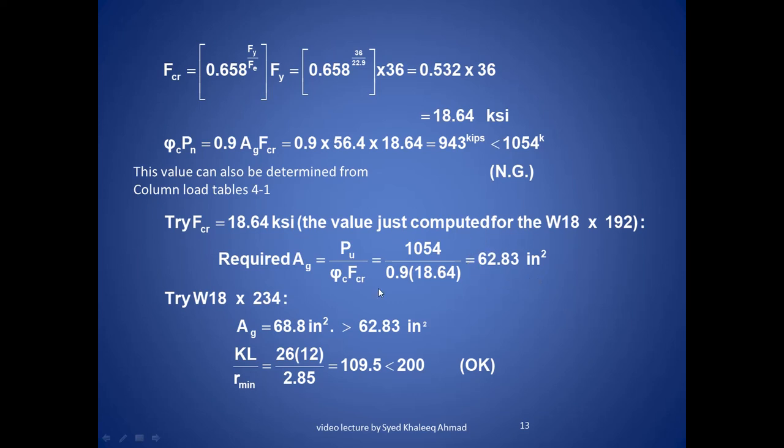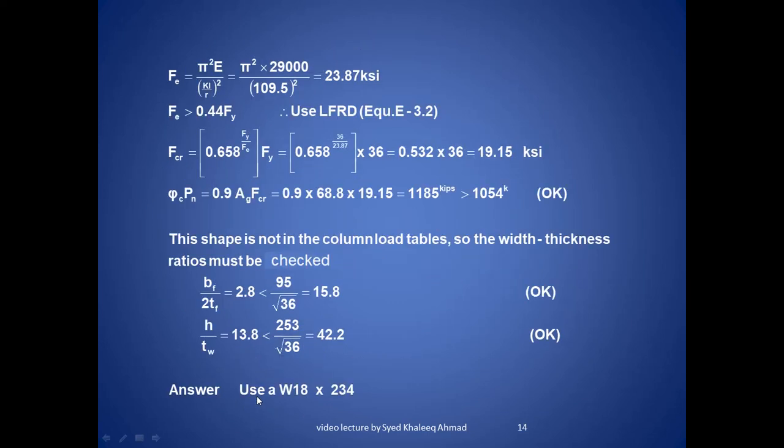Ag is 68.8, which is more than 62.8. Now we again calculate KL by r minimum, the effective length, and this gives you a value of 109.5 divided by 2.85, which is r minimum that we are taking from the table.